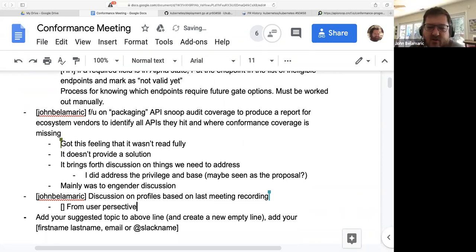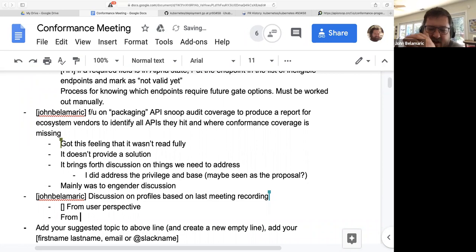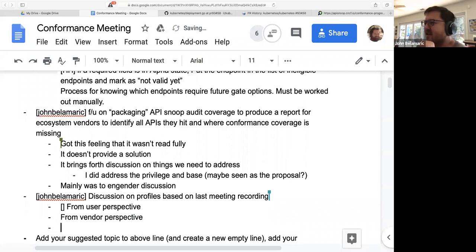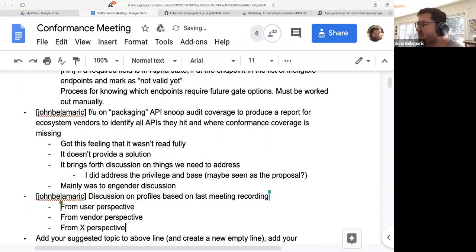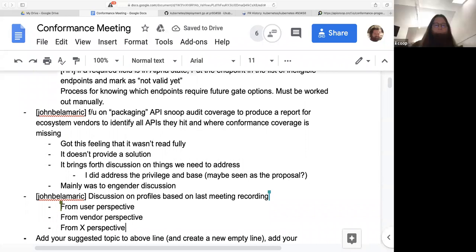Those two different perspectives I talk a little bit about in that document. And then there was a third perspective too, which you'd think I could just think of off the top of my head, but maybe it was the workload perspective or something. Let me see.